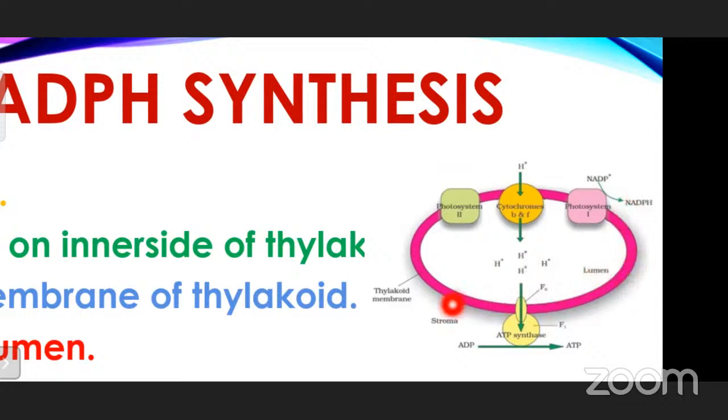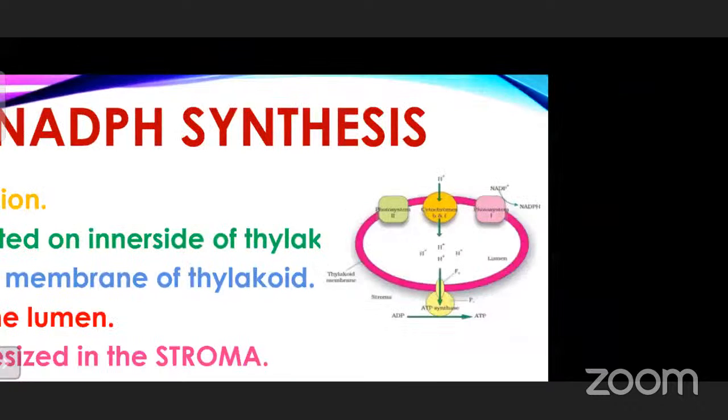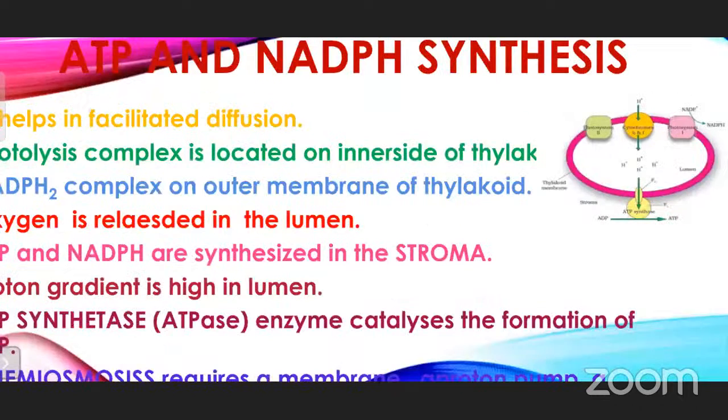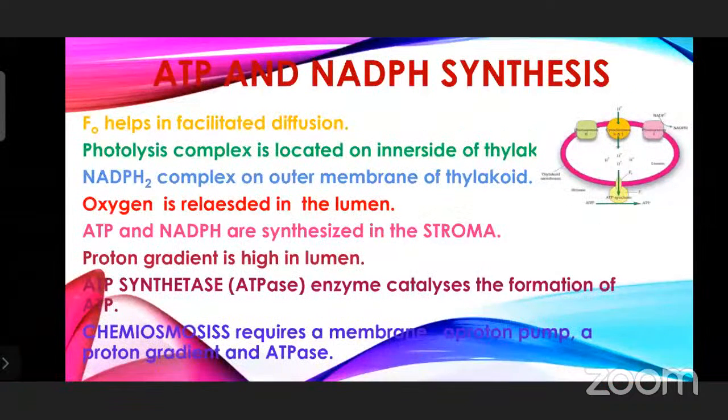ATP and NADPH are formed in the stroma, which further helps in carbon assimilation or carbon fixation, which is going to take place in the stroma. Simply we say dark reaction, but it is better to call it the biosynthetic reaction.